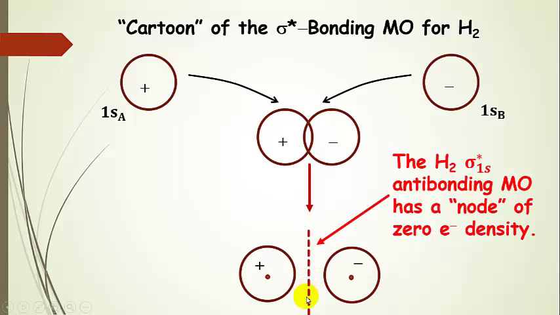This dotted line here is called a node, and that means there is zero electron density in that region. Notice that on each side of the node we have some amplitude of the wave left, but one is positive phase, one is negative.